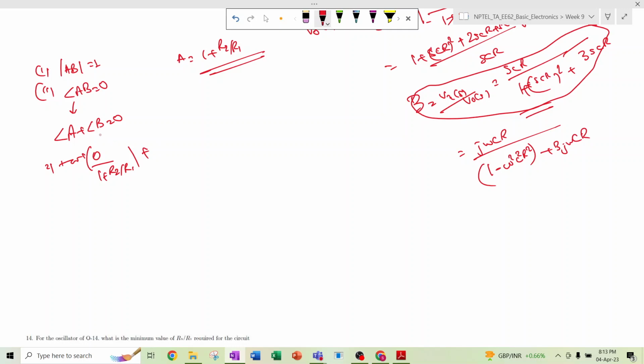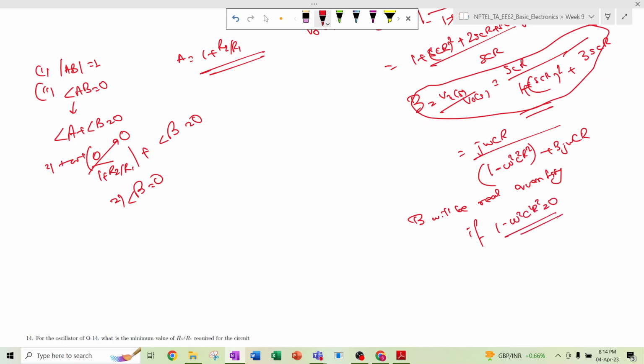So this angle of B should be equal to 0. Here we can easily see that B will be a real quantity if 1 minus omega square C square R square is equal to 0.